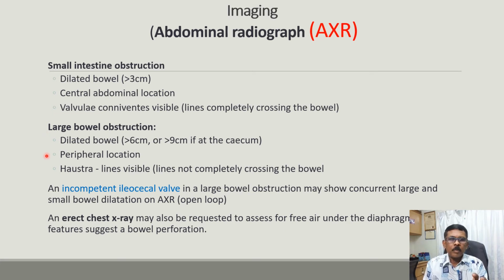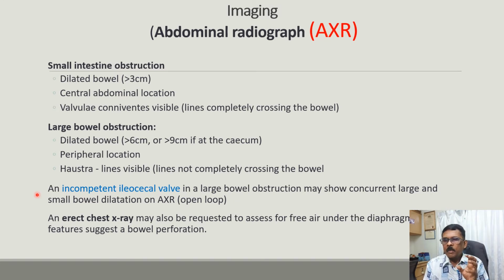This dilated large bowel is usually located in the periphery of the abdominal cavity, and the distinguishing feature on X-ray is the presence of haustrations, which are mucosal folds that show up as radio-opaque folds that cross the lumen of the large bowel incompletely, not reaching from wall to wall, okay, partial, and these are known as haustra or haustration lines.